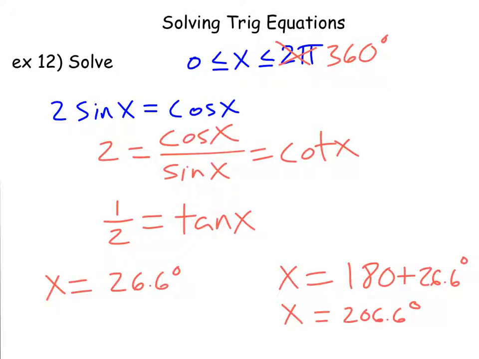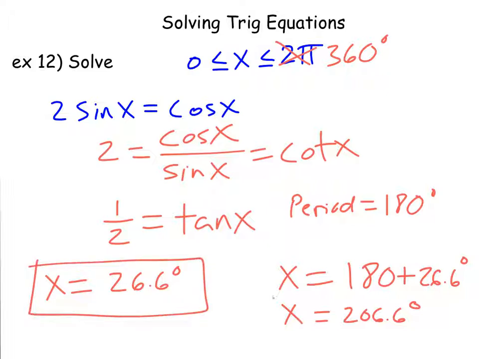Now, I should have pointed out here that once I saw that this was tangent, our period is 180, so that's the number. Once I get to this point where I've got 2 answers, I can add or subtract 180 over and over again. We've essentially already done it once, where we added it to get 206.6, and if we add it again, we get 386. This one will just have 2 solutions, that one and that one.